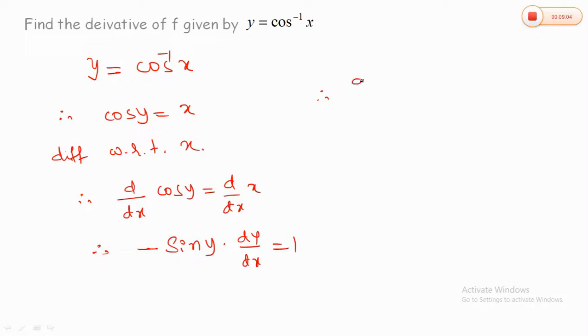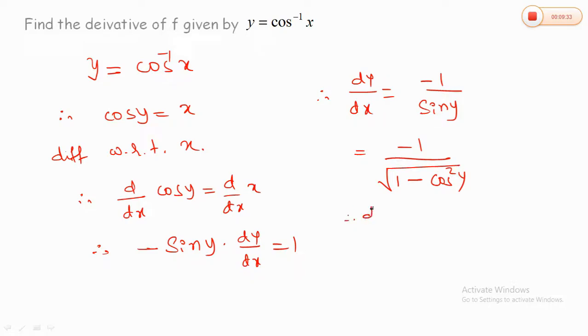Therefore dy upon dx equal to 1 divided by minus sin y, that is minus 1 divided by sin y. So as in the previous case, minus 1 upon root of 1 minus cos square y.